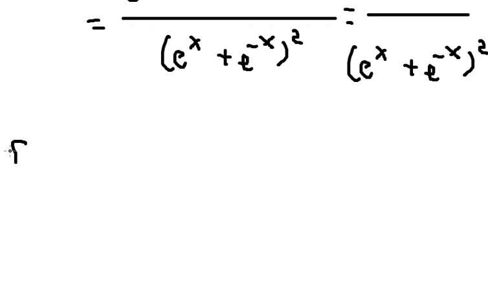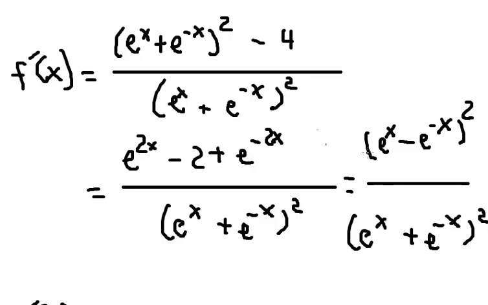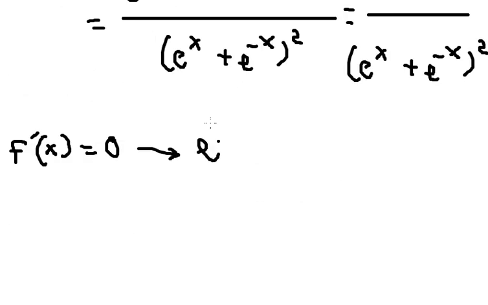Next, we need to find the critical points of the function. So in this one, we just have only this one equals to number 0. So I will put this one go to the right.